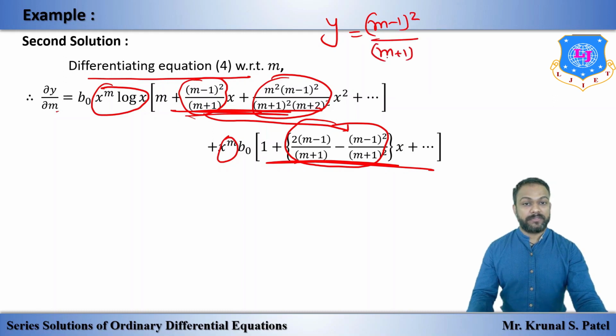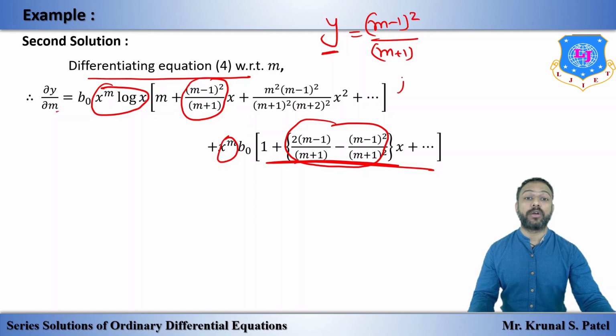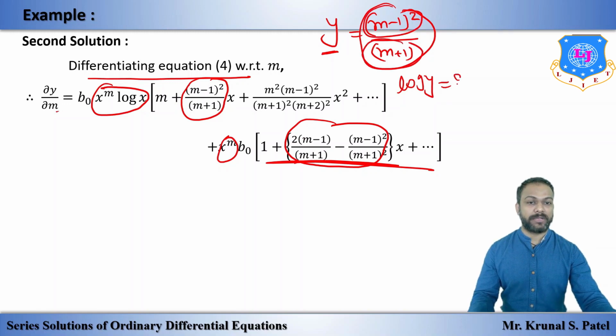We have this y, and now we want to differentiate this with respect to m. For that, I have just taken log on both sides. So log y is equal to log of this, minus log this. And in log, we can take the two in front. So 2 log of m minus 1 minus log of m plus 1.